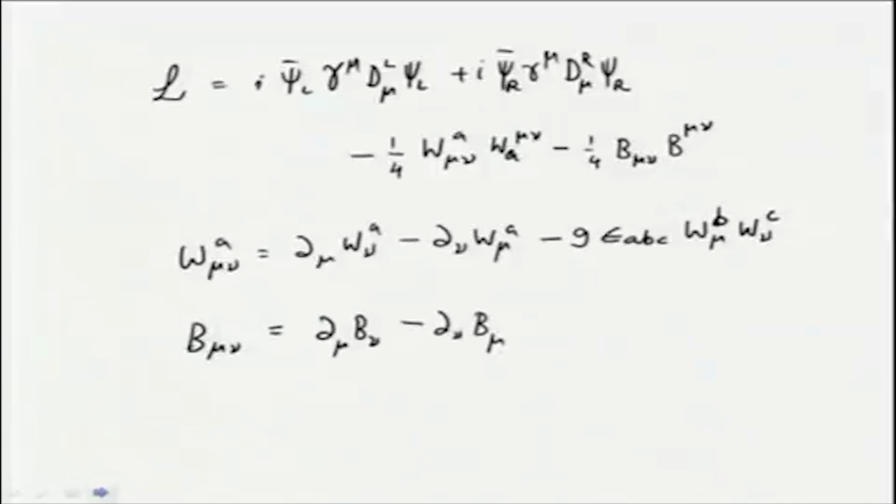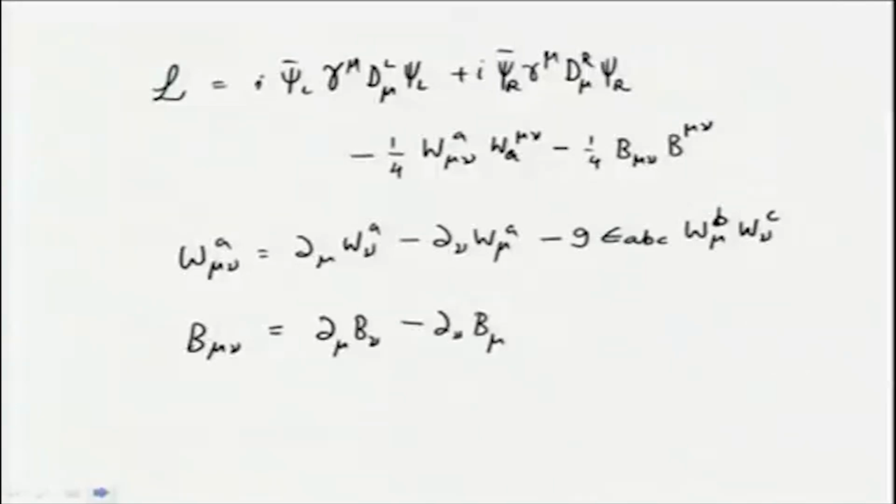What is missing? There is something missing here. The kinetic energy term is there, no problem, and there are interaction terms through this d mu. D mu L has both B mu and W mu in it.